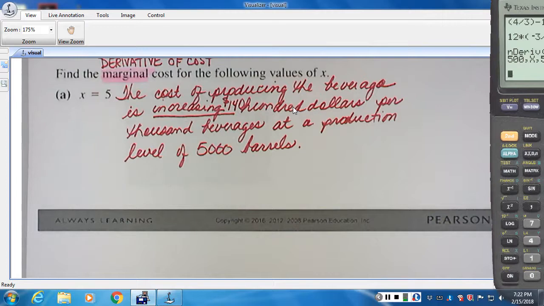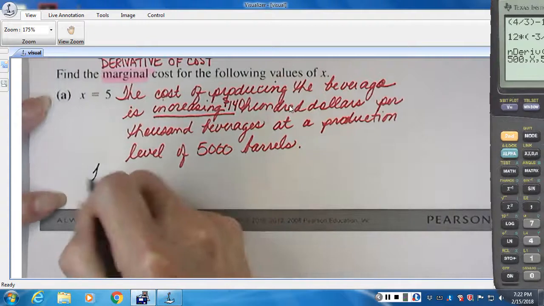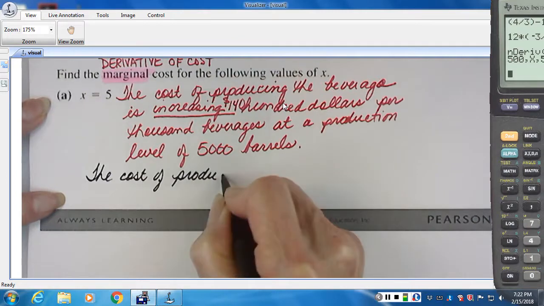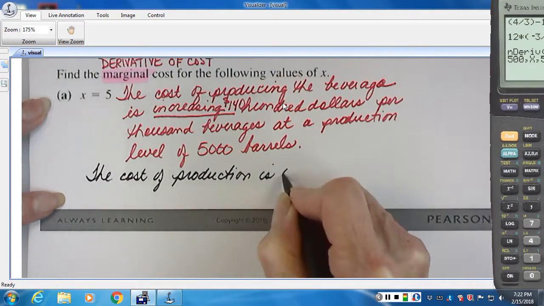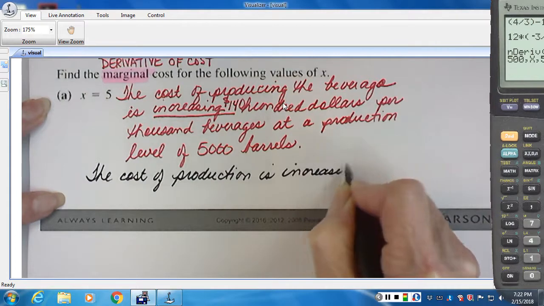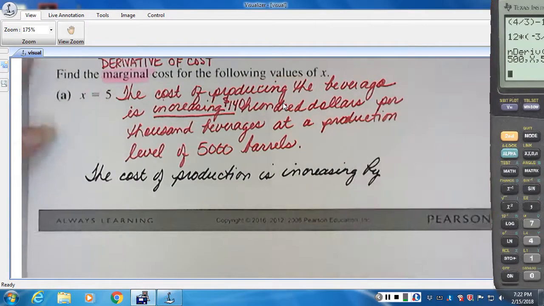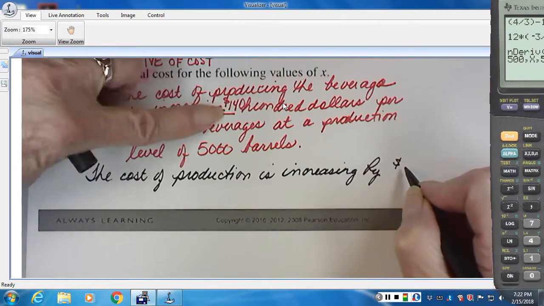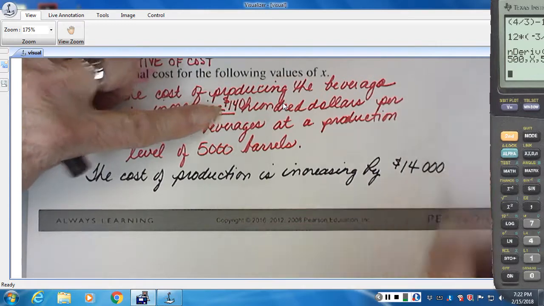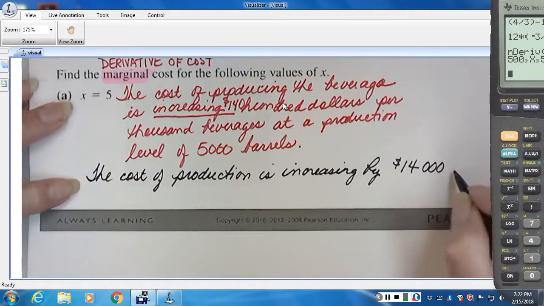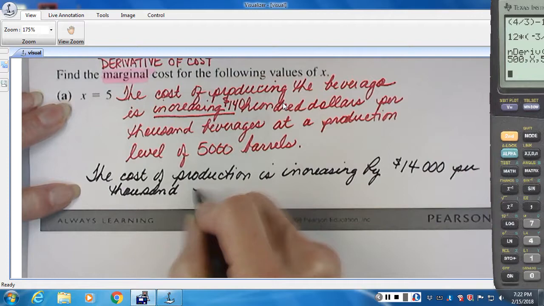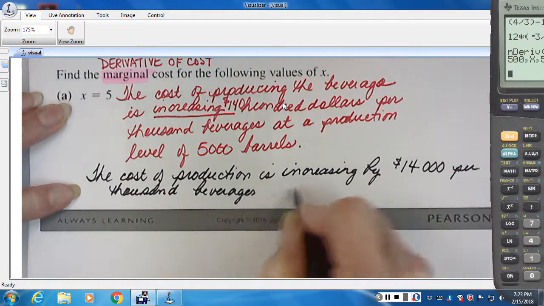So a better way, even though this is perfectly correct, another way we can say that is the cost of production is increasing by, let's see, 140 hundred is 14,000. $14,000 per 1,000 beverages at 5,000 barrels.